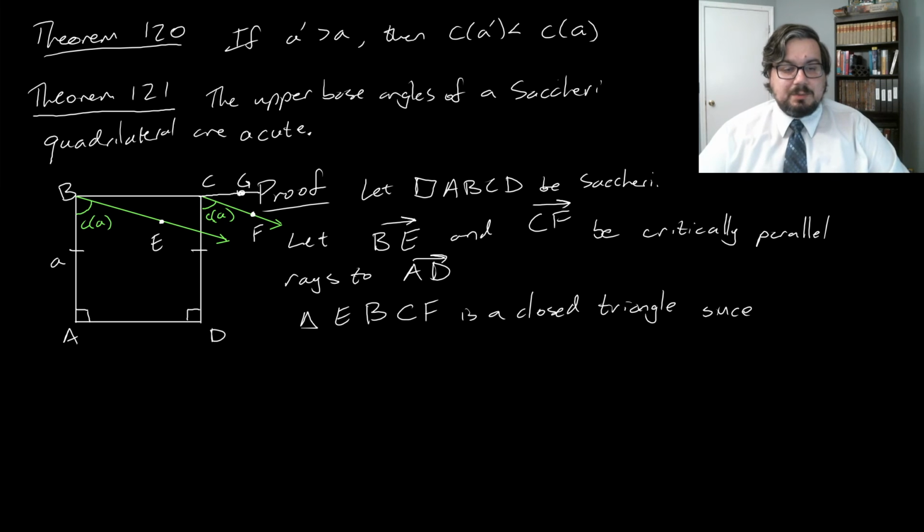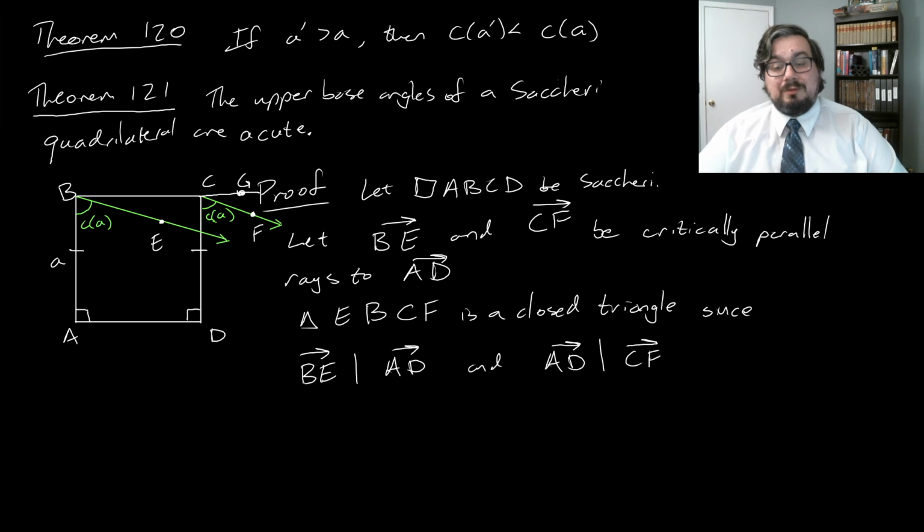And that's because we have that the ray BE is critically parallel to the ray AD, and the ray AD is critically parallel to the ray CF. So that means that by Theorem 118, we have that the ray BE is critically parallel to the ray CF.